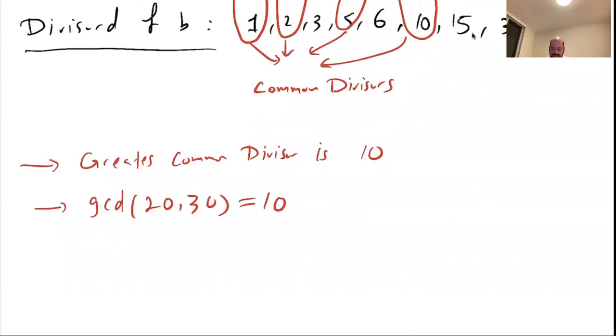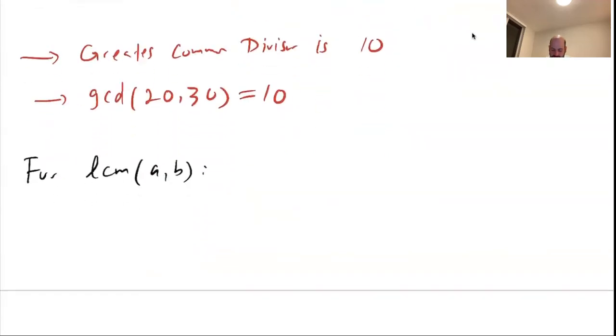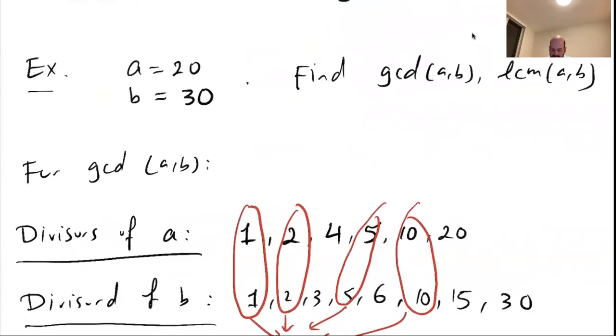Similarly for LCM, let's list the multiples first. Multiples of A, multiples of 20, is 20 itself. A was 20, right?